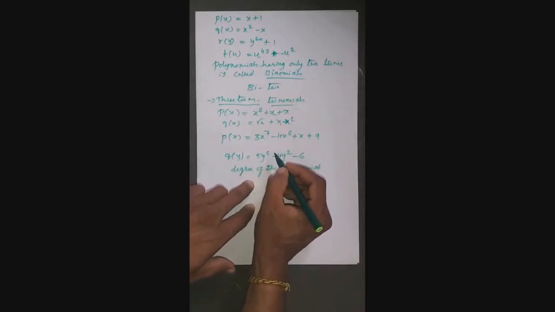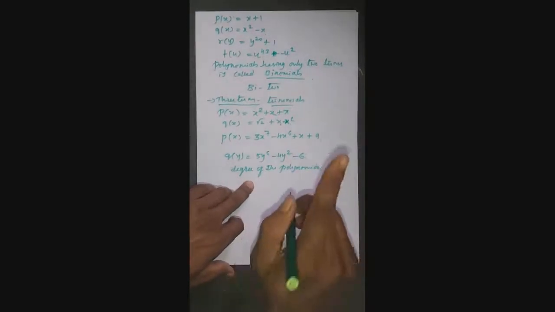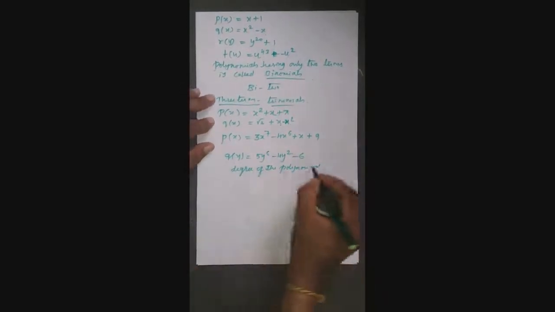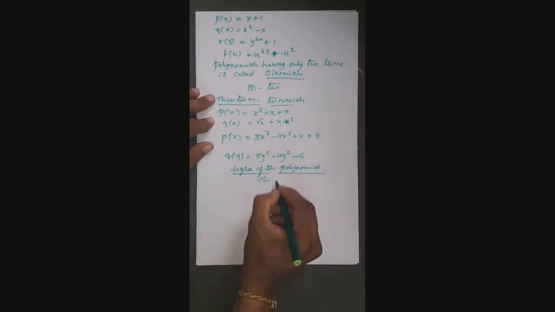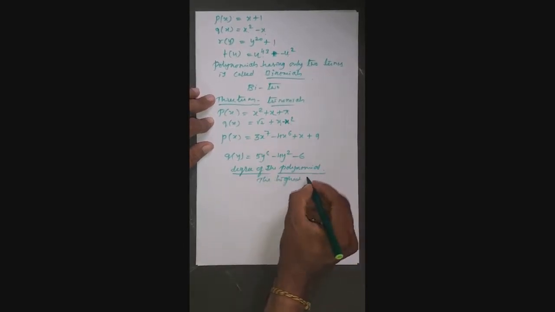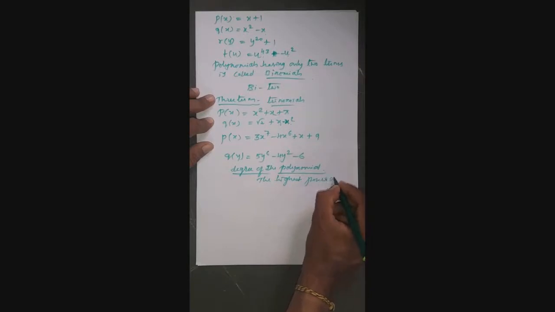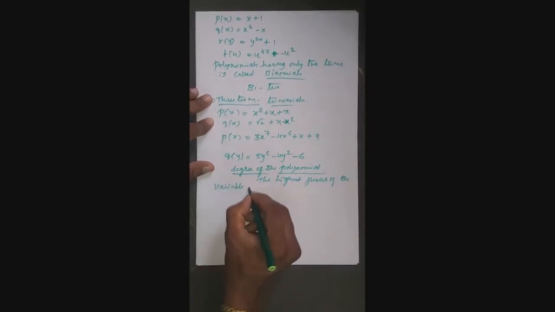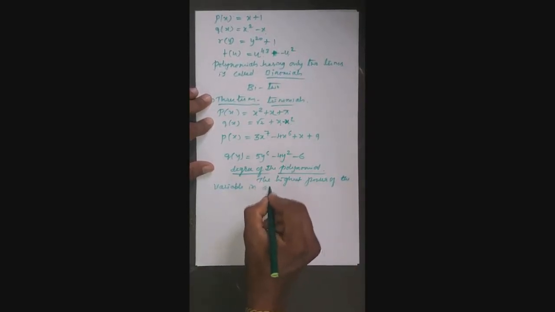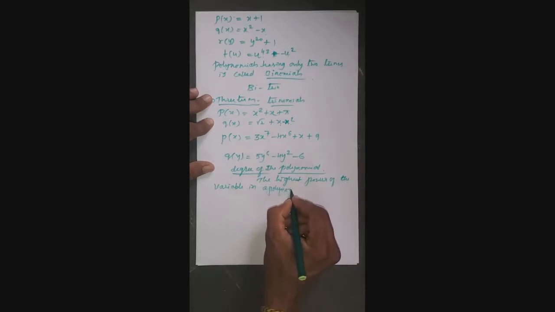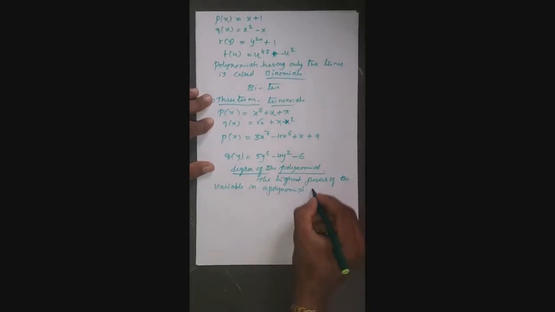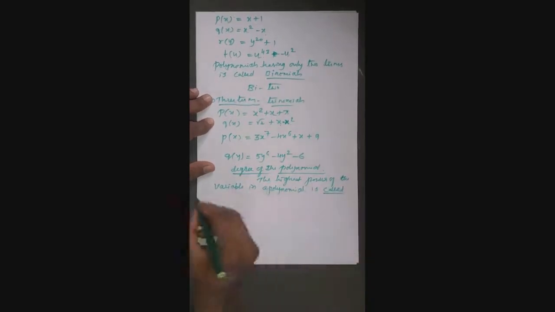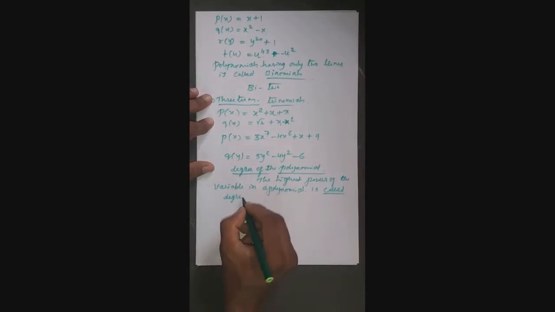Okay, see, the highest power of the variable in a polynomial is called the degree of the polynomial, right?